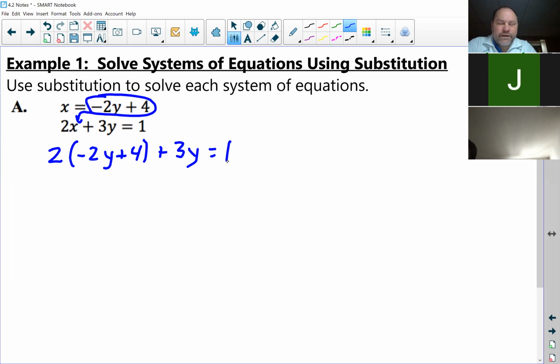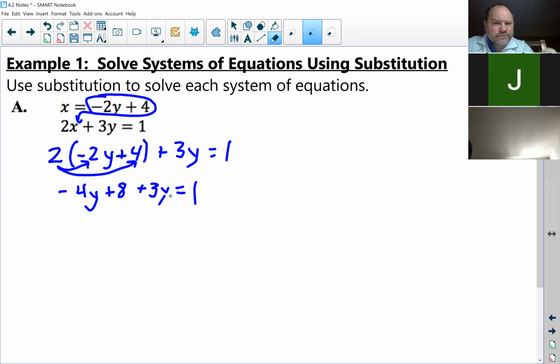And now we need to solve for y. So to solve this equation, my next step, distribute. Combine our like terms.